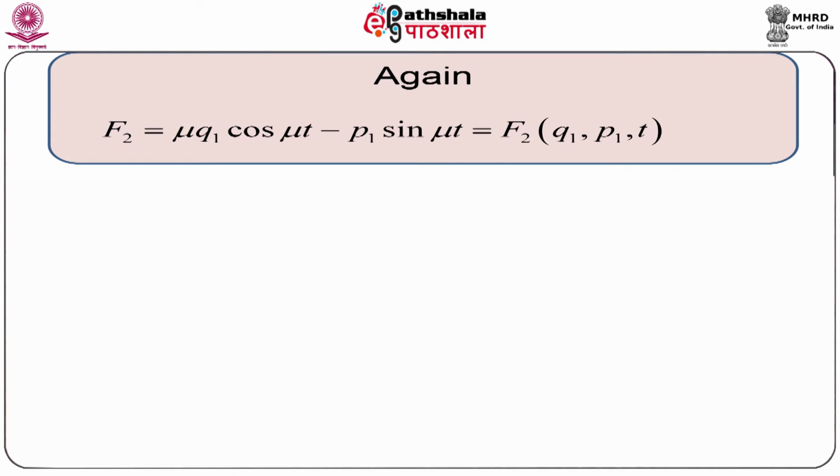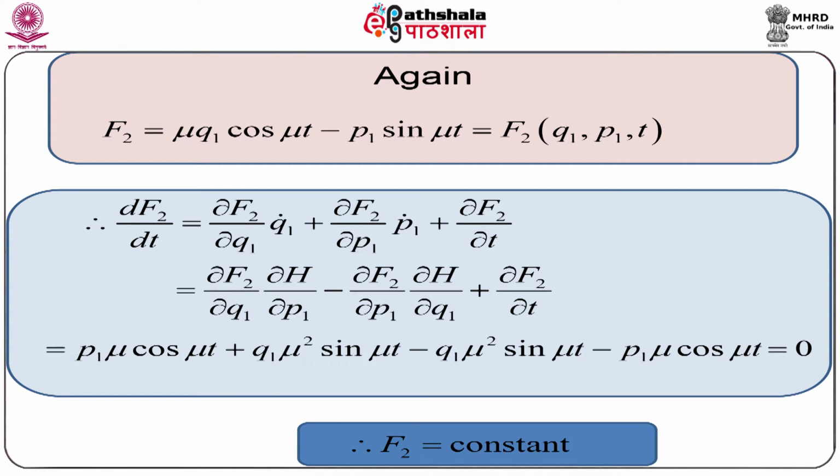Again, F2 equal to mu into Q1 cos mu t minus P1 sin mu t, a function of Q1, P1 and t. Therefore, dF2/dt equal to ∂F2/∂Q1 into Q1 dot plus ∂F2/∂P1 into P1 dot plus ∂F2/∂t.